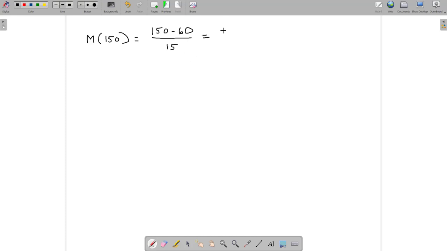So 150 minus 60, that's going to give me 90. Divide that by 15. I believe, what is that? 15 times 2 is 30, so then times 4 is 60, so then times 6. So that's going to give me 6 months. That's not bad.